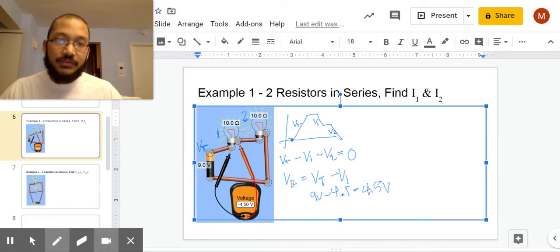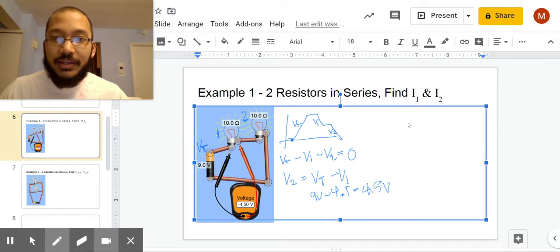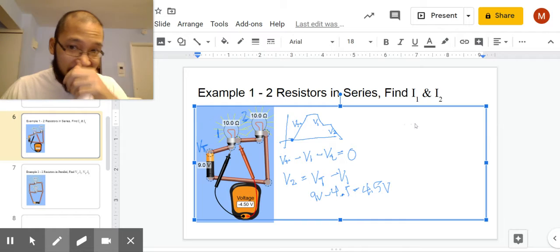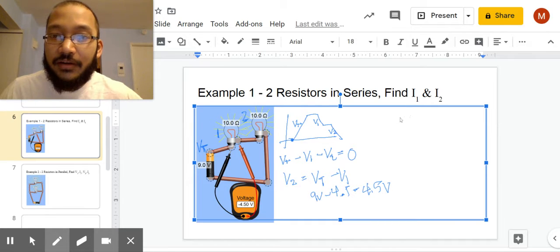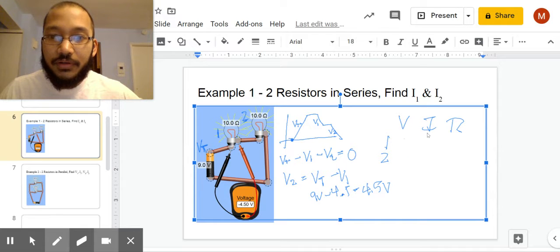So that's the voltage across 2, but I was also asked to find the current. So that's when I'm going to go to my handy Ohm's law. There's this nice little VIR table that I can make, V, I, R, for resistor 1 and resistor 2. I can just label the voltages if I know them, or the currents, or the resistances, and solve for the unknowns.